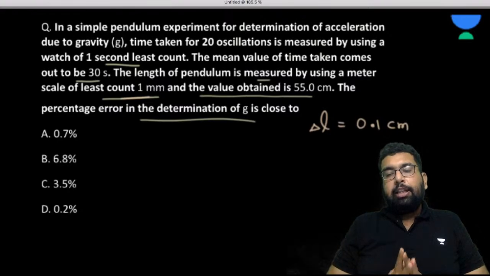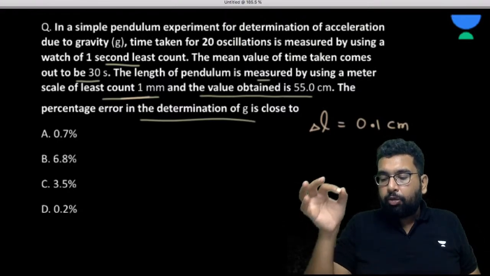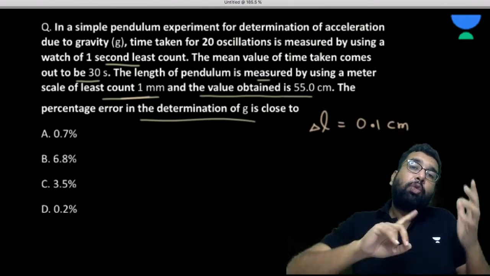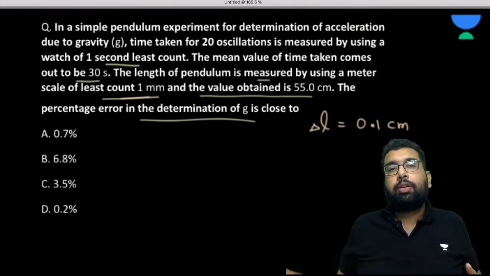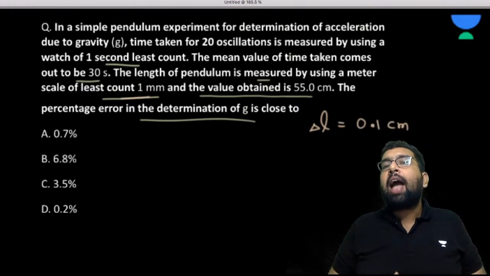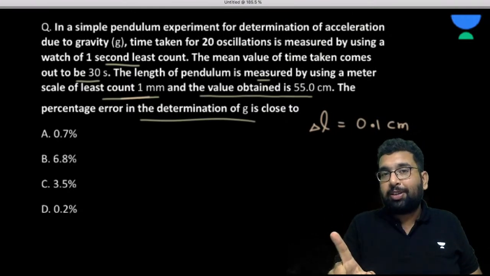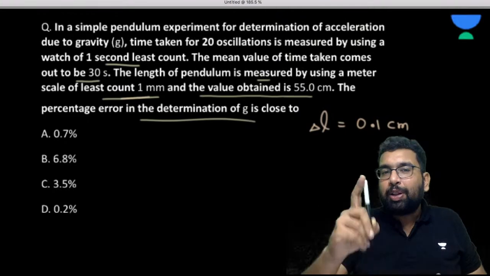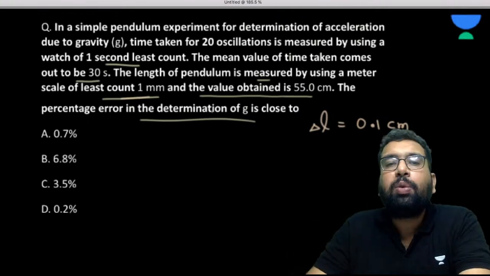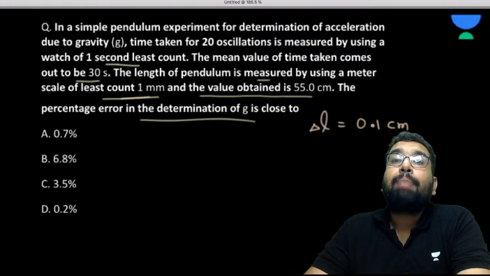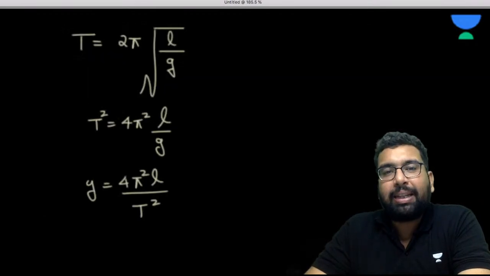It says that someone has measured the time taken for 20 oscillations, not one oscillation. The T we have in our formula is the time taken for one oscillation, not 20 oscillations, right? And this 1 second is the least count of the watch, so basically this is the maximum error in measuring this time, right?